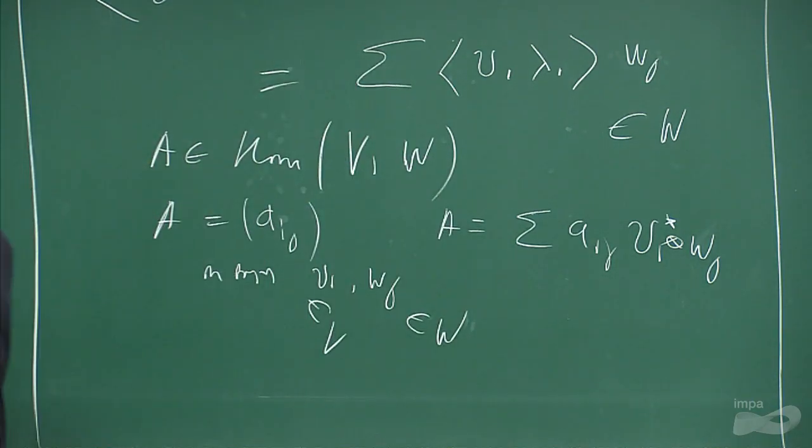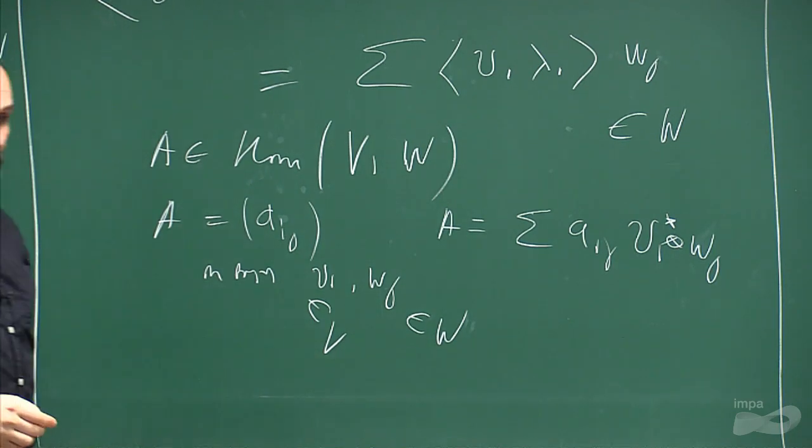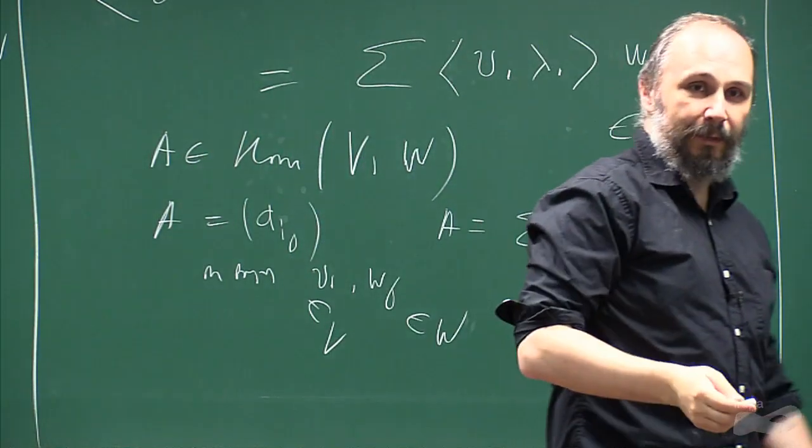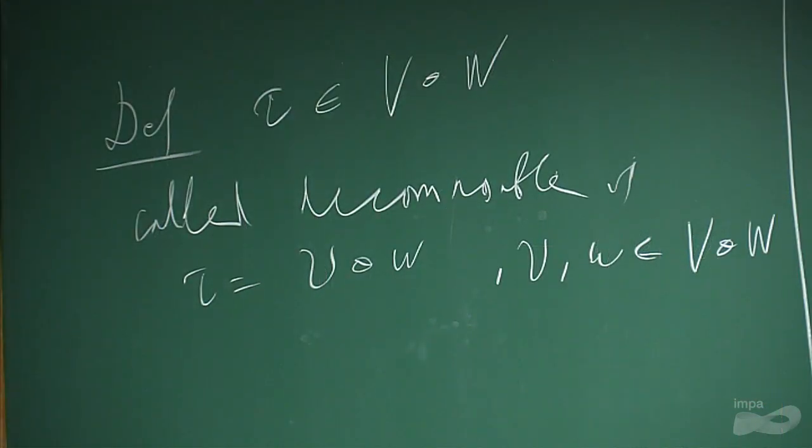Okay, but this was just for your information. I would need only decomposable tensors, of rank 1. So, definition: if you have tau inside V times W, it is called decomposable if tau is v times w, where v and w are vectors in V and W. From this argument, it is clear that not everything is decomposable, because decomposable means rank 1.